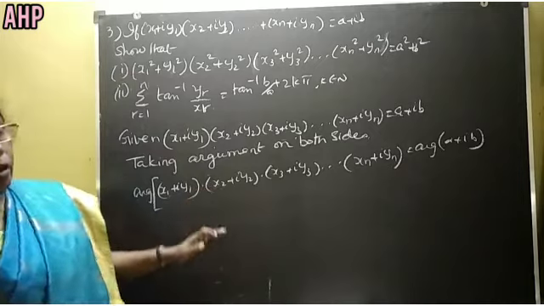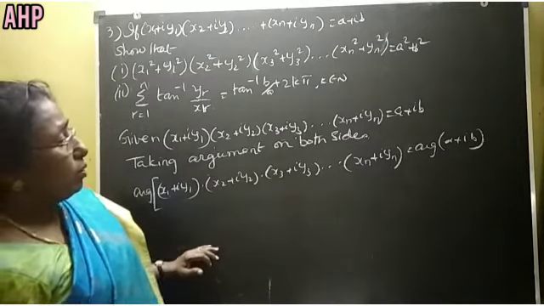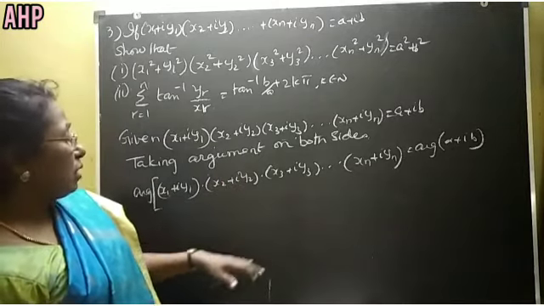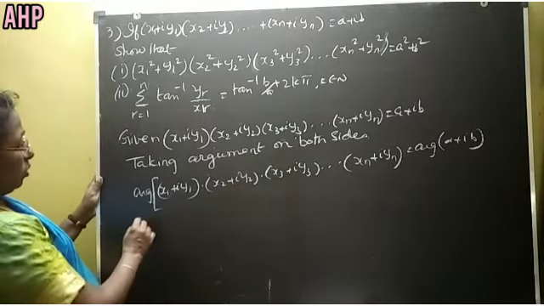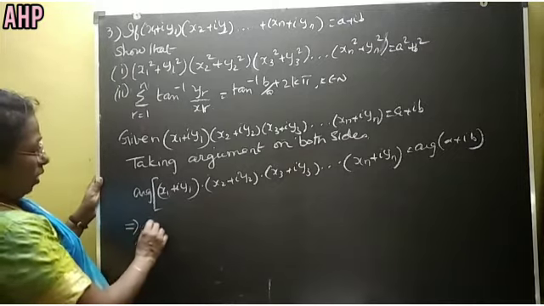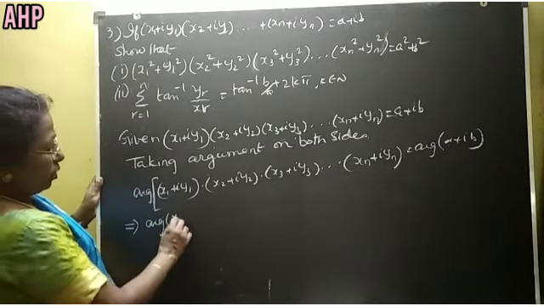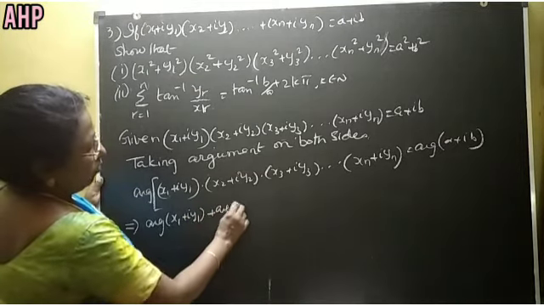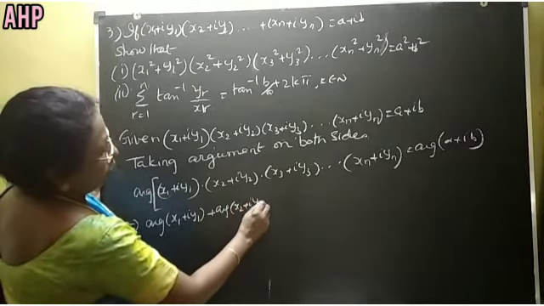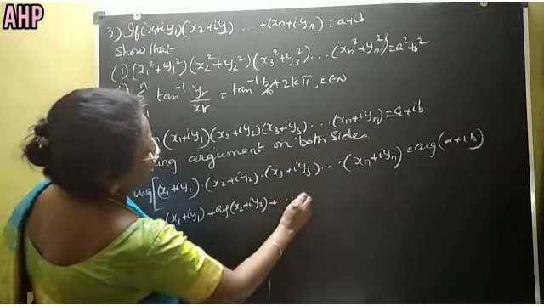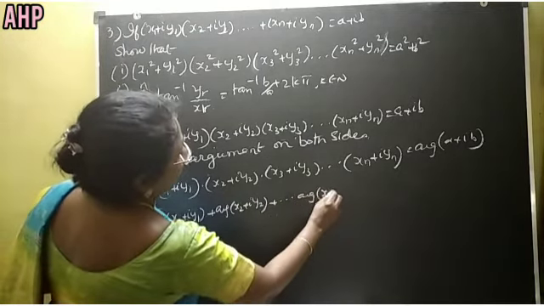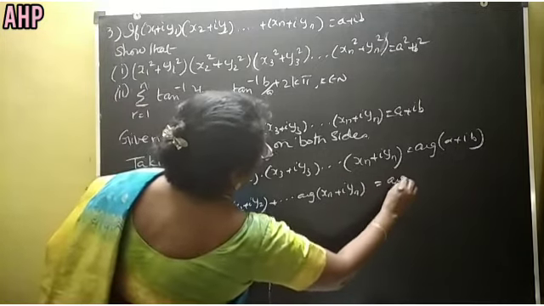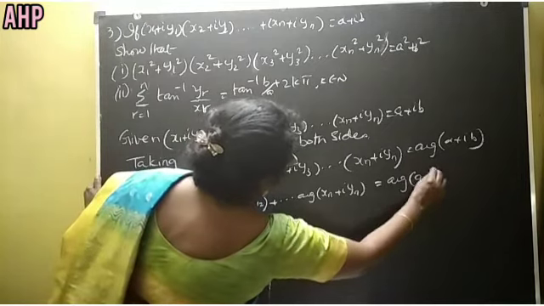Now the argument of a product, argument of z1 z2, is equal to argument of z1 plus argument of z2. So this gives argument of x1 + iy1 plus argument of x2 + iy2 plus etc., argument of xn + iyn is equal to argument of a + ib.